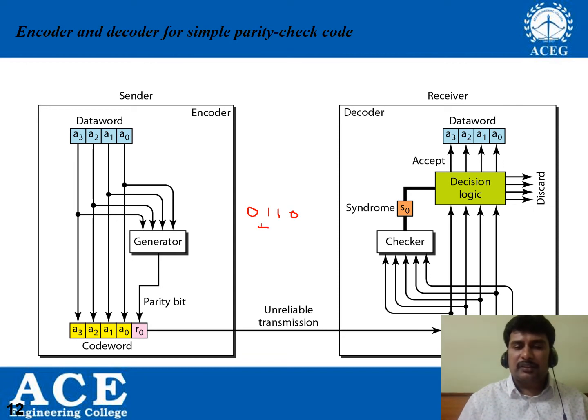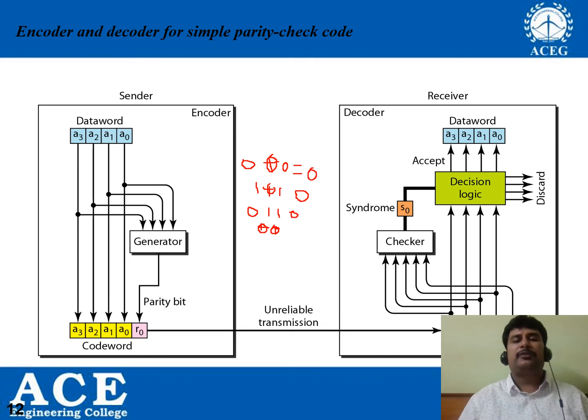It is the exclusive OR sum of all the bits. 0 exclusive OR 1 is 1, 1 exclusive OR 1 is 0, and then 0 exclusive OR 0 is 0. So finally we have 0.